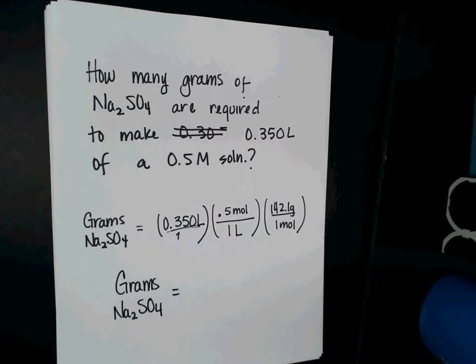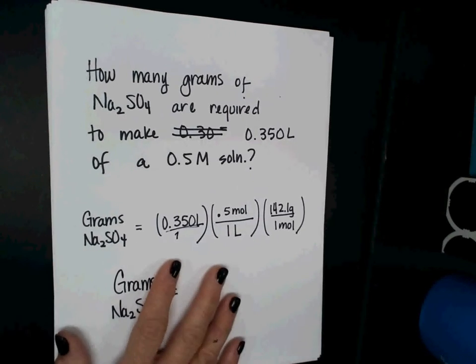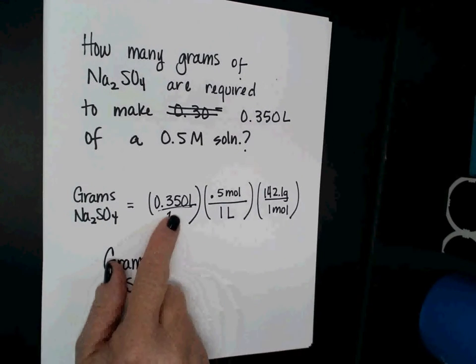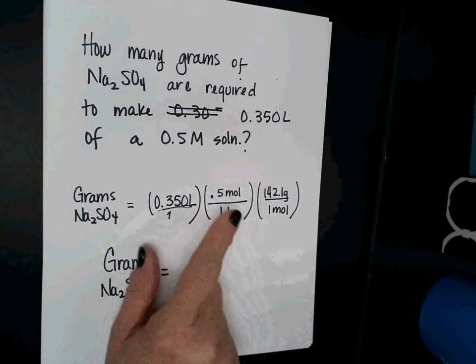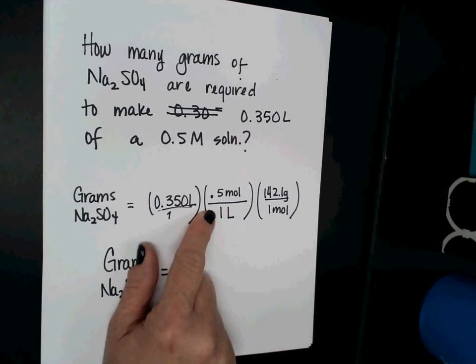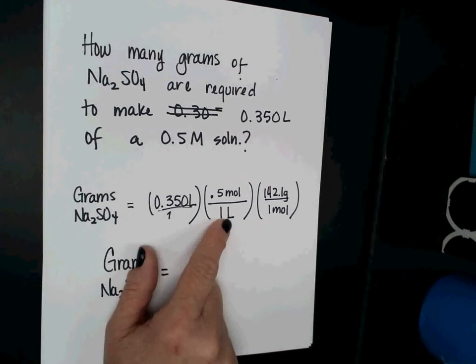Now, let me show you my setup. I was given this 0.350 liters in the initial problem, and I was also given this molarity in the problem. So I had to use those two things to get my units to cancel out.